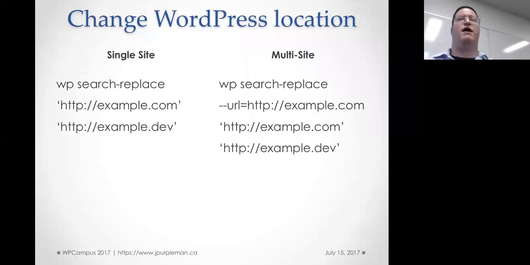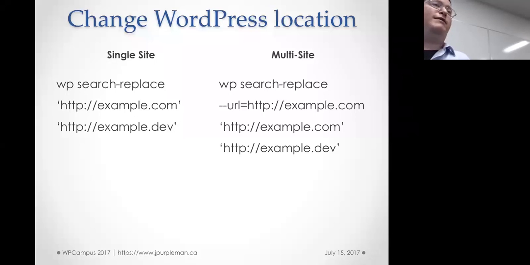Now, alongside that tool, you can also use WP-CLI. And there are two variants, small variations, when you're using single sites or multisite. When you're using multisite, you have to add in the --url and specify the actual domain name. Otherwise, it's not going to know where it came from.